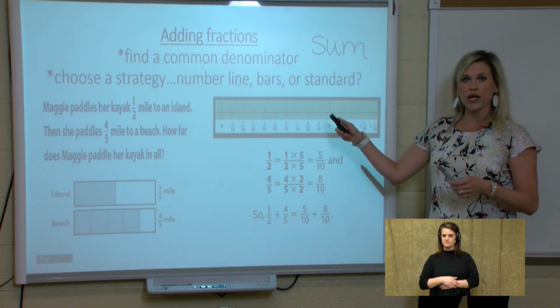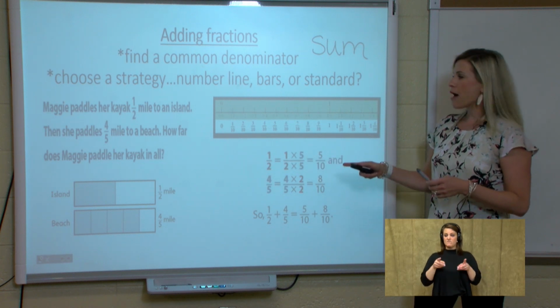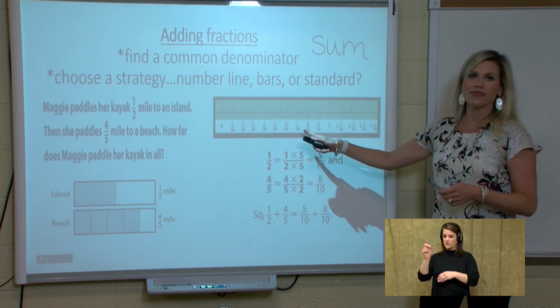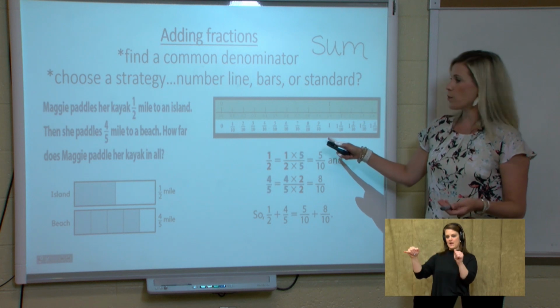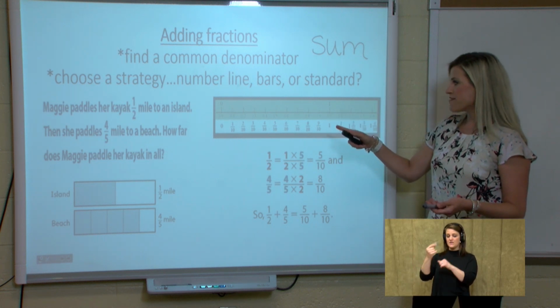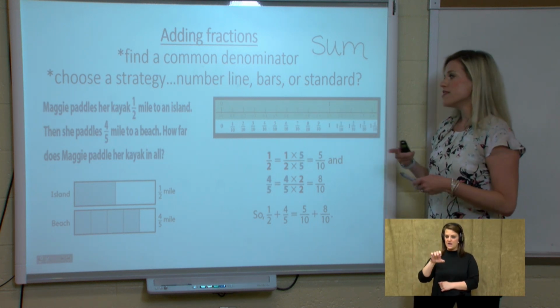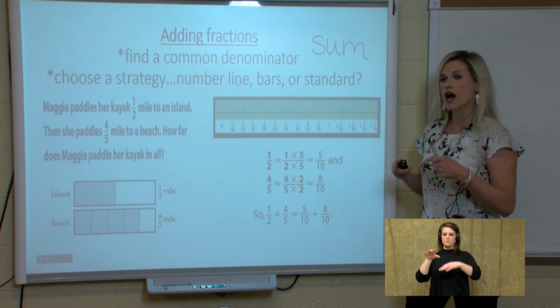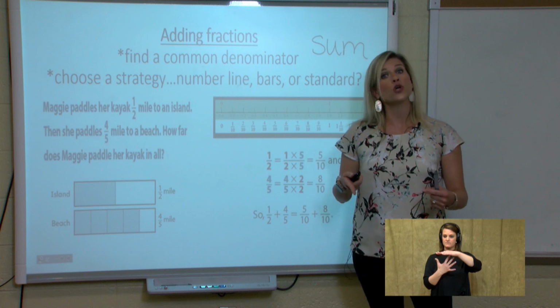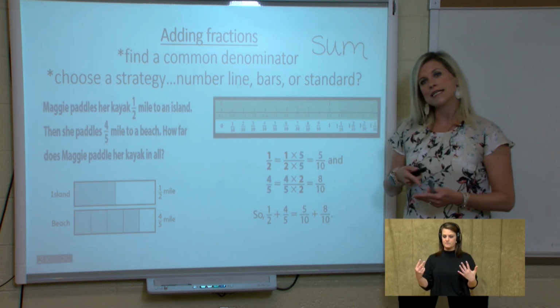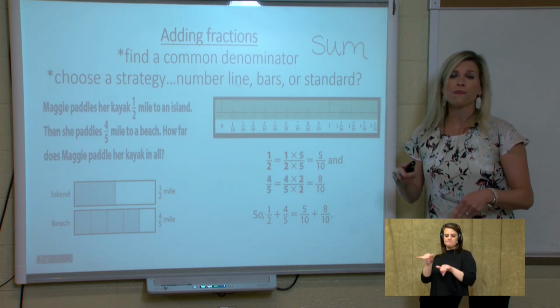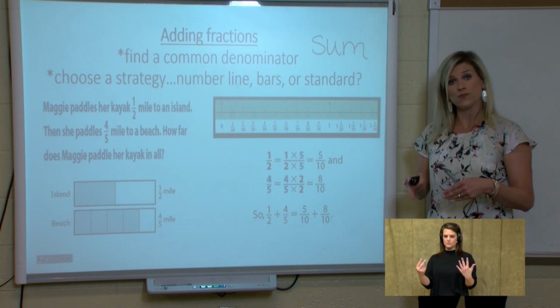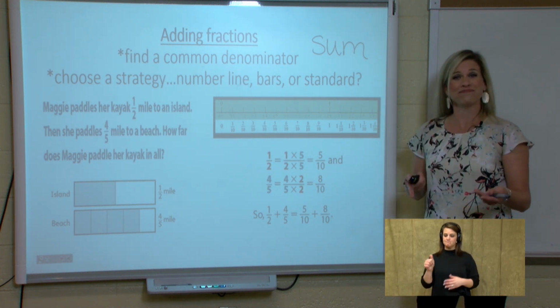Now, these are our 3 ways to do this. I'm first going to use the number line as an example. 1/2 mile. Then I see 4/5. So my denominators are 5 and 2. What is a common multiple for 5 and 2? Yeah, it's 10.